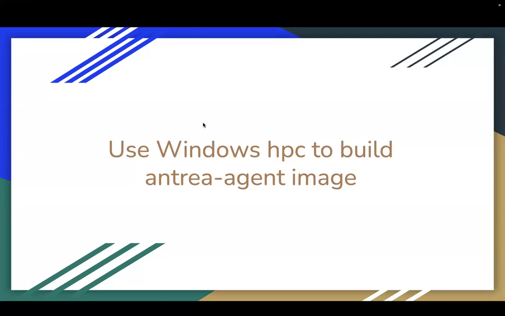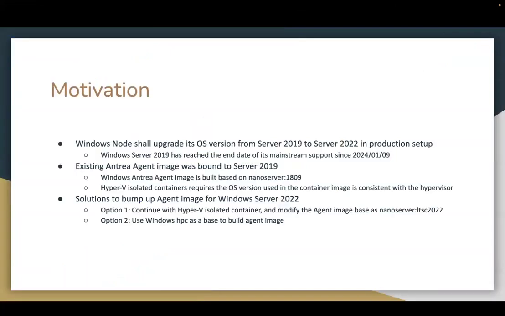Thanks everybody. Today my topic is using Windows HPC to build the Antrea agent image. The motivation is that the Windows Node shall upgrade its operating system version from Server 2019 to Server 2022 in production setups.